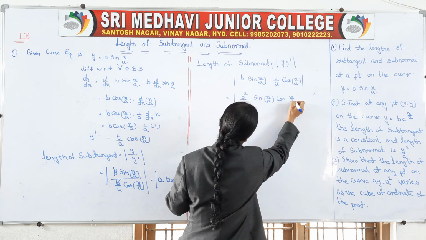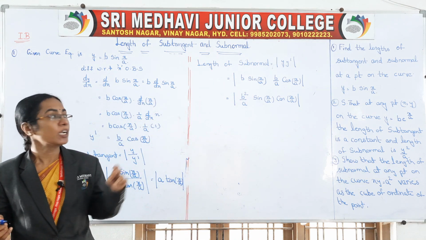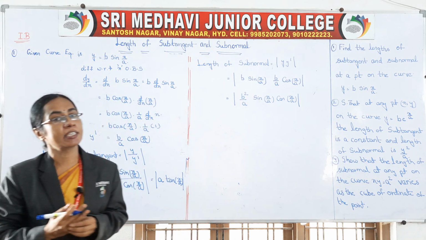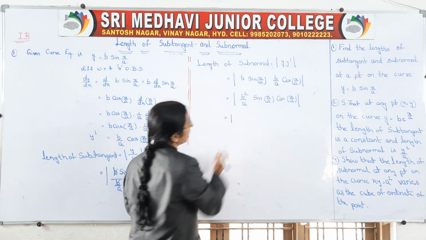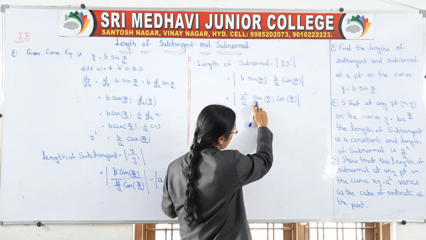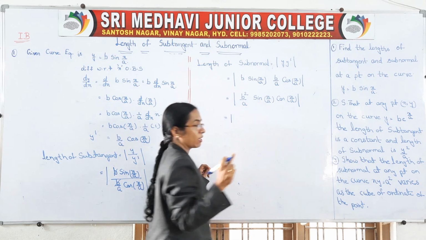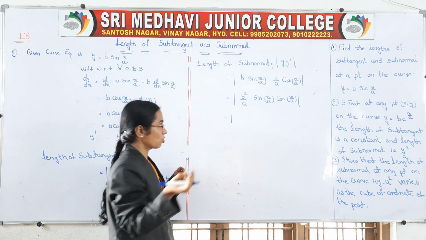There is one formula in trigonometry: 2 sin theta cos theta is sin 2 theta. So for that sake you multiply and divide with 2, so that it will be in the form of 2 sin theta cos theta. In place of theta we can have any value, I said so many times.